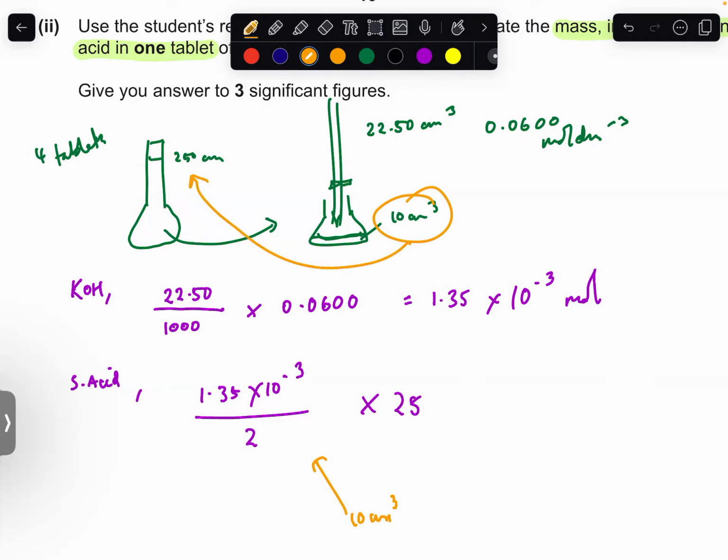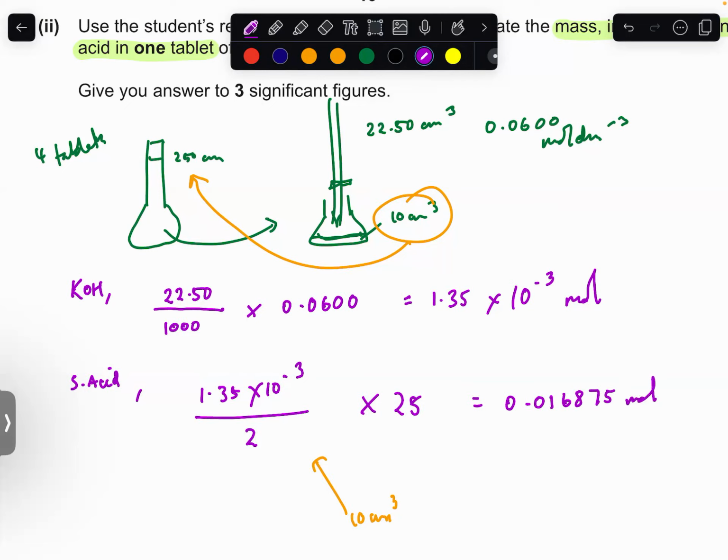This gives us the moles. We've got the moles of succinic acid in the 4 tablets.